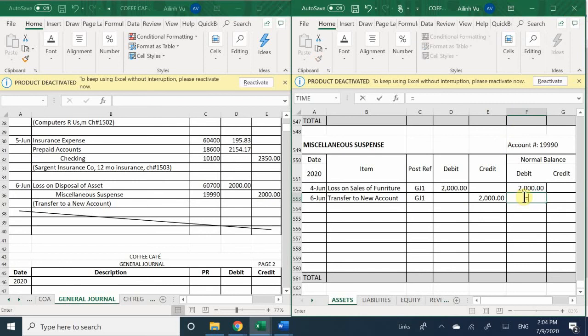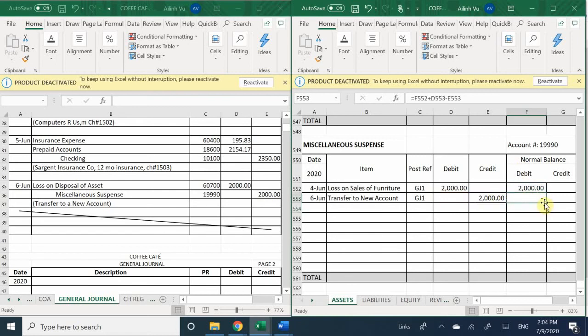You're going to go to your previous amount, which is up 1, which is your 2,000. You're going to add any debits that you've accumulated, and you're going to subtract any credits that you have accumulated. And you should get 0 in your balance.